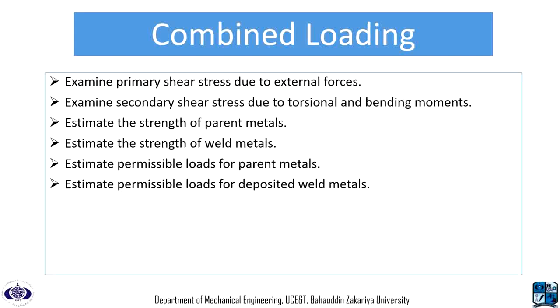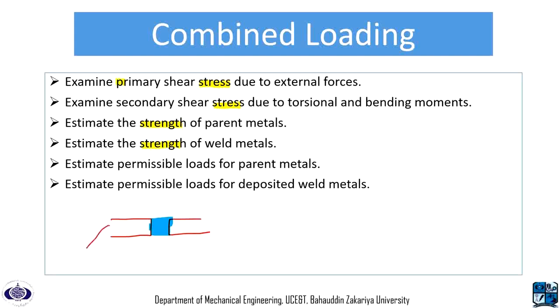In a combined loading, we first have to examine the stresses. Then we will be talking about the strengths, and finally we will be comparing the strength with the stress. You see, we have two parent metals, and then there is a weld in between these two parent metals.